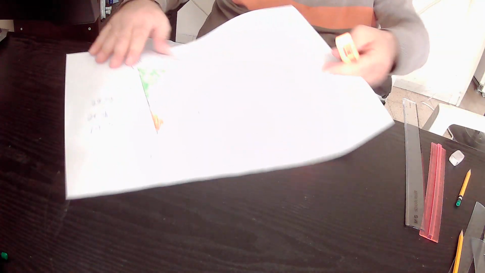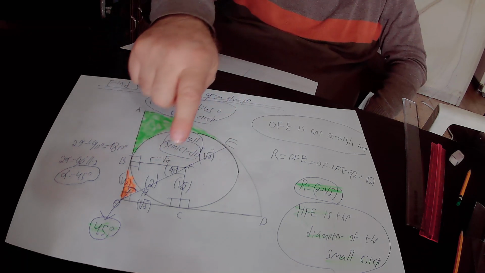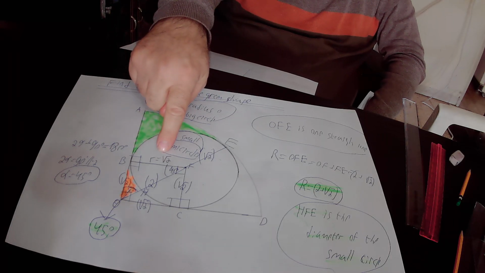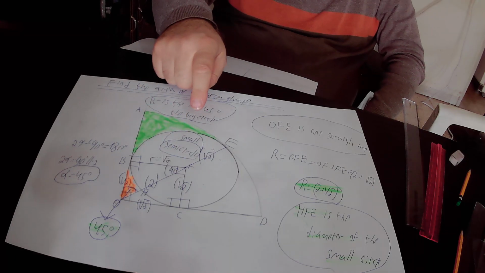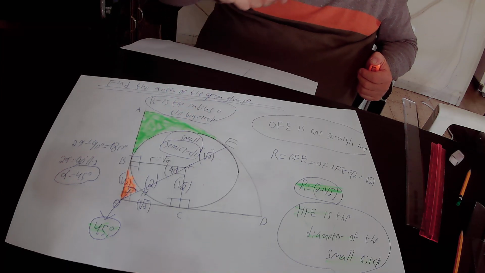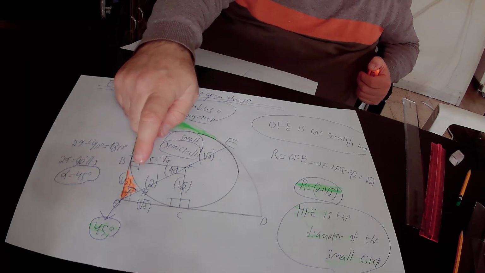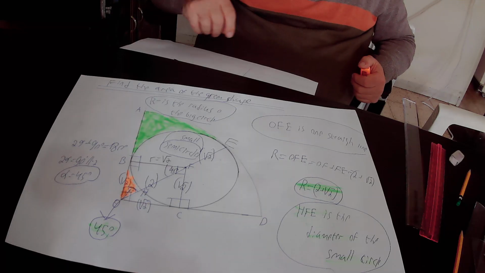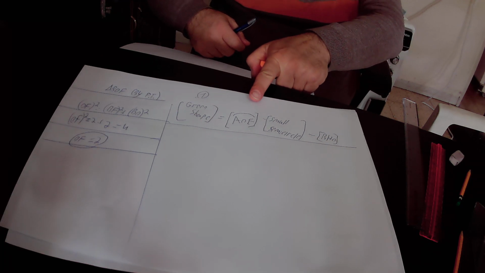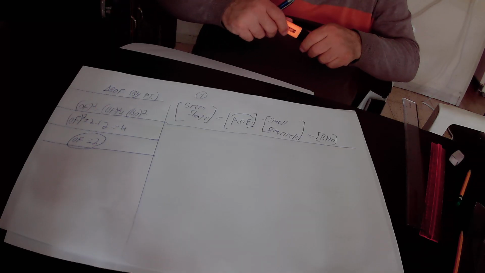Repeat again, the area of this green shape in total equals the area of the big sector AOE, which is part of the big circle, minus the area of the small semicircle, that is half of the small circle, minus the area of this orange shape BHO.